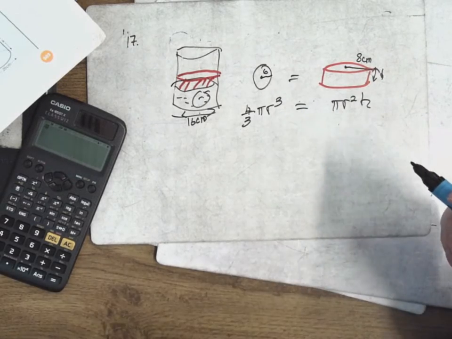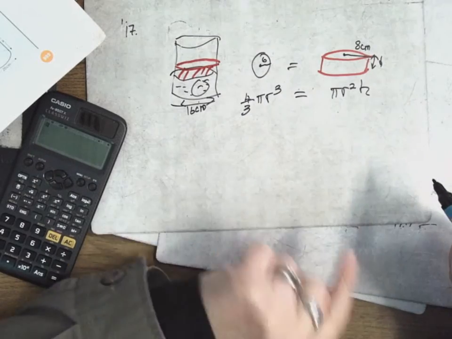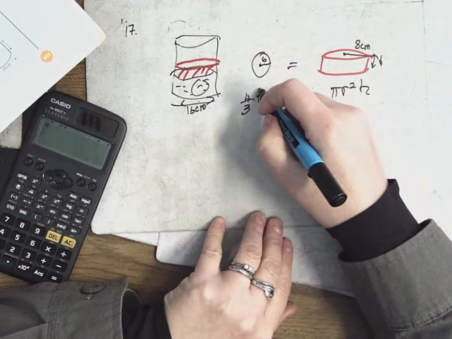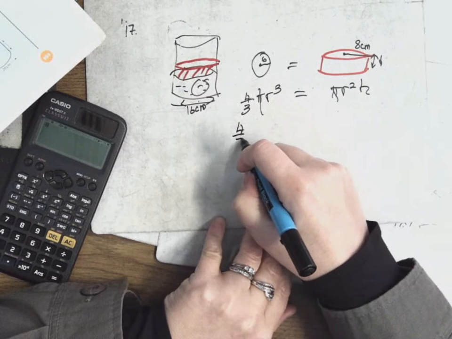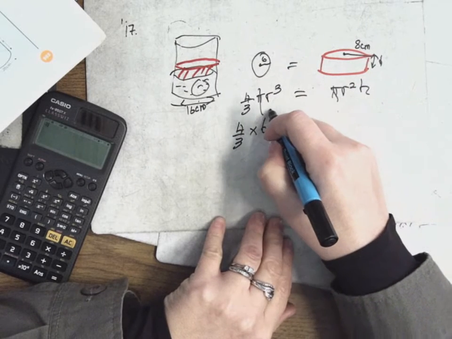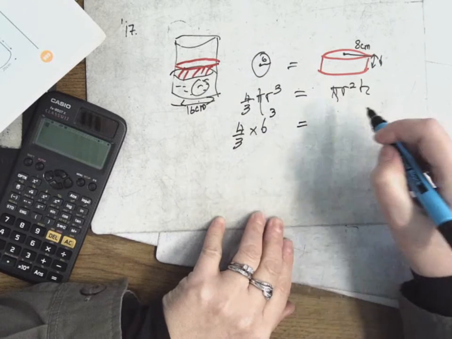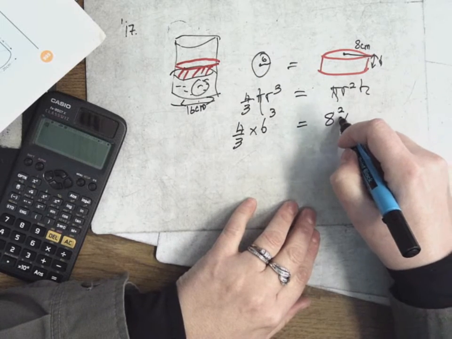Okay, that's what I'm looking for. Is that okay? So what I do here, knock off the pi's, right? So I have 4/3, and this is the radius of the sphere, which is 6. 4/3 multiplied by 6 cubed equals, over here I have 8 squared multiplied by h.